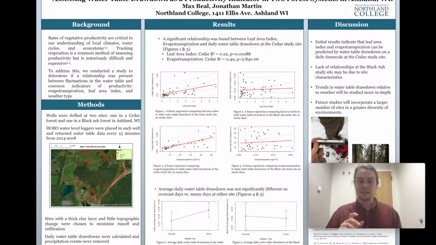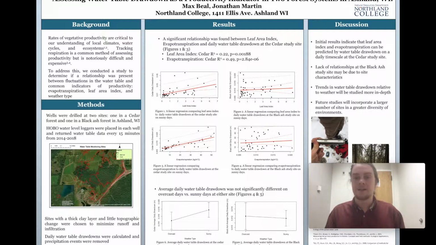But as you can see, it sort of follows the same trend that we saw with the leaf area index and evapotranspiration, where there appears to be no trend at all for the black ash site. But the cedar site on the left here appears to have maybe a slightly higher average daily drawdown on sunny days. Again, not statistically significant, but certainly a trend that we would like to look into in the future.